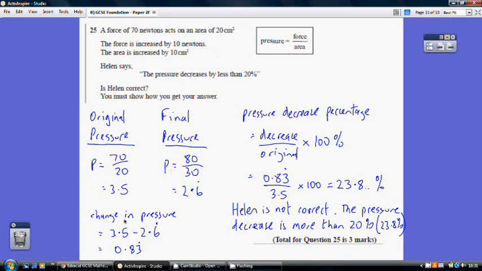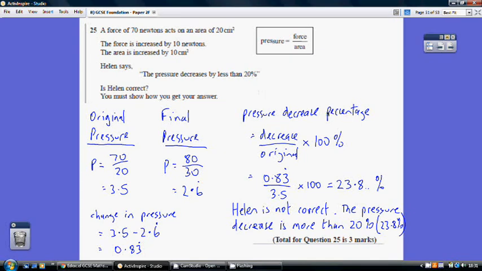Now the change in pressure, the decrease in pressure, is obviously going to be 3.5 take away 2.6 recurring, which gives us 0.83 recurring. Now we're being asked to comment on Helen's comment that the pressure decreases by less than 20%. So we need to work out the pressure decrease percentage.